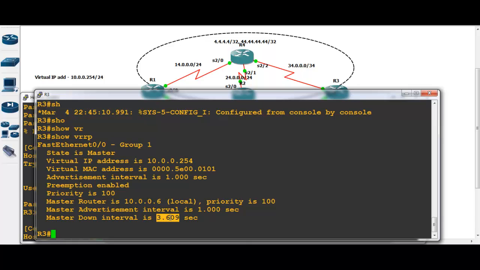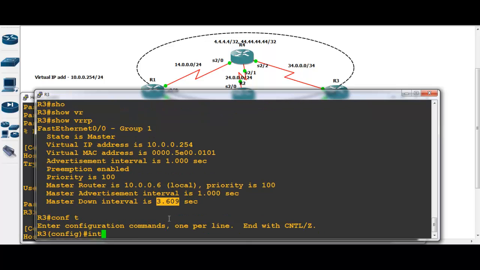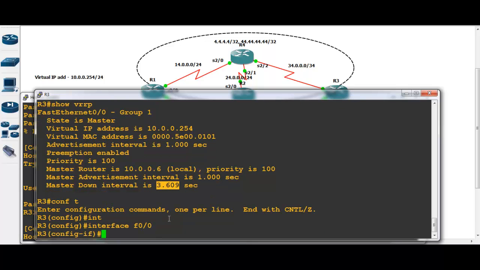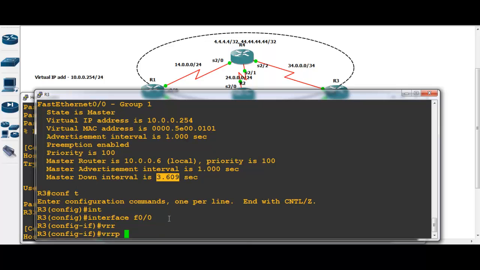So if I change the timer, see what happens. Interface fast Ethernet 0/0. So on fast Ethernet 0/0 I say VRRP, same group ID, timer command.